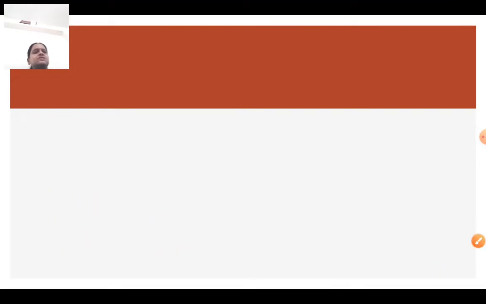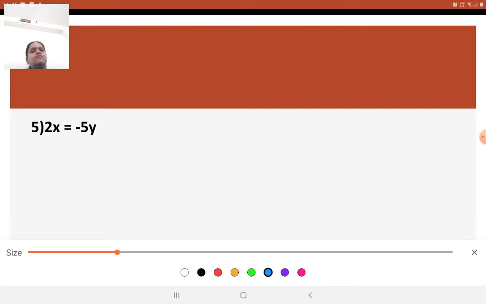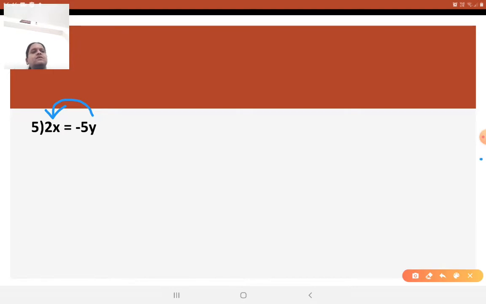The next sum is 2x is equal to minus 5y. Till now we have completed 4 sums, which means you understood the method of solving. So what will be your first step? Yes, bring the x, y terms to one side. Here we will shift the minus 5y to the left-hand side.